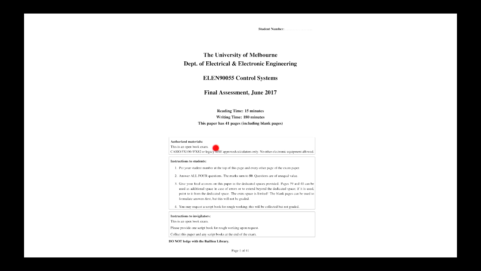So the exam is open book. That means you can bring in anything you like, any printed or written material. The only electronic equipment you will be allowed to use in the exam is one of these two calculators. Now, I don't think you would really need a calculator, but if it makes you comfortable having one there, bring it in.